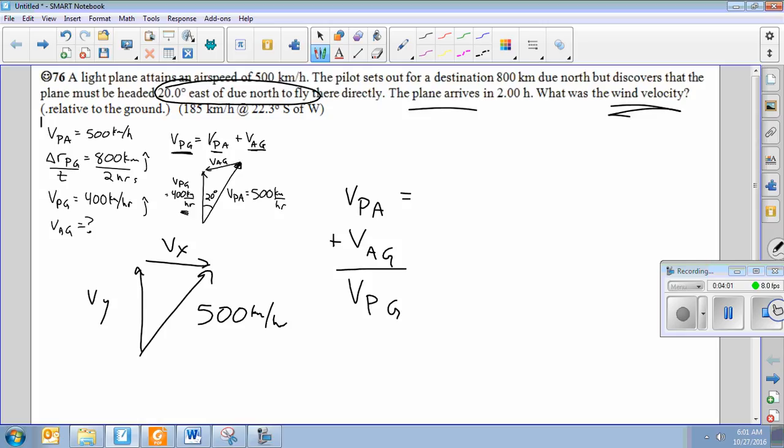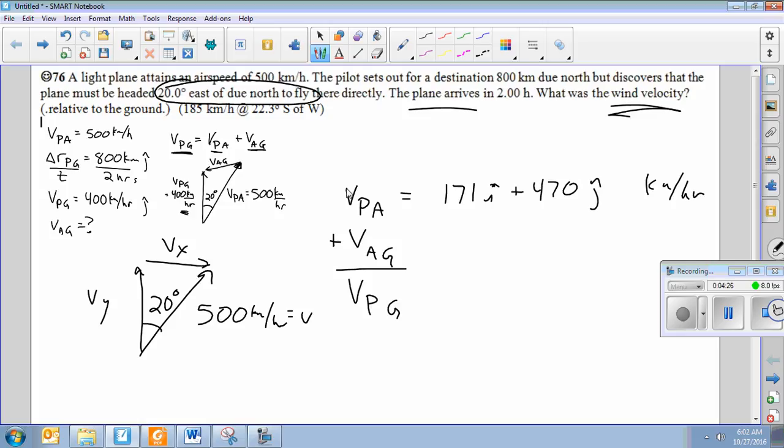I'm going to get a little sloppy here. Let's call this v. And here's my 20 degrees, right? I'm just going to use sine and cosine and find the components. And if you do that, you find that the velocity of the plane relative to the air is 171 i plus 470 j, and this is all in kilometers per hour.